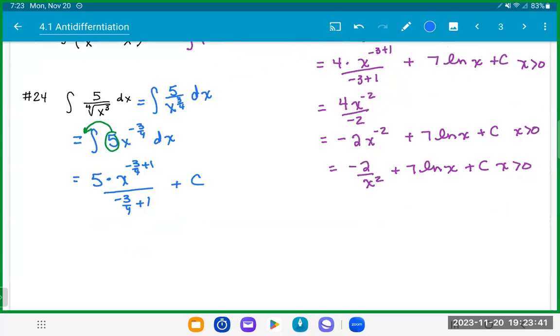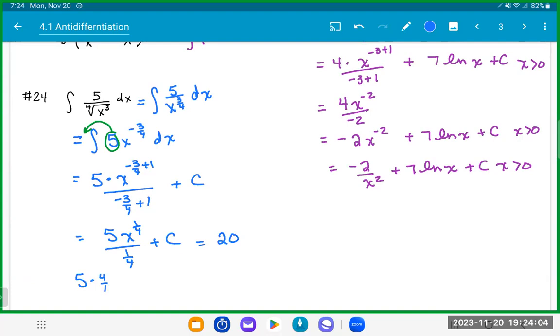Okay? So this would simplify to 5x to the 1/4 over 1/4 plus that constant c, which is equal to 20, because 5 times 4 over 1, right?